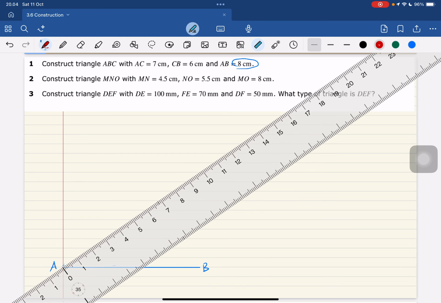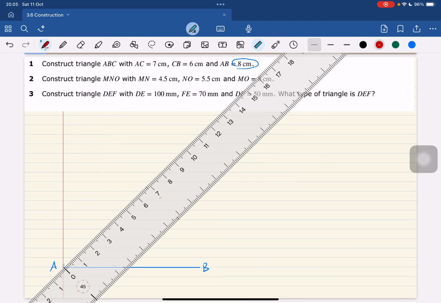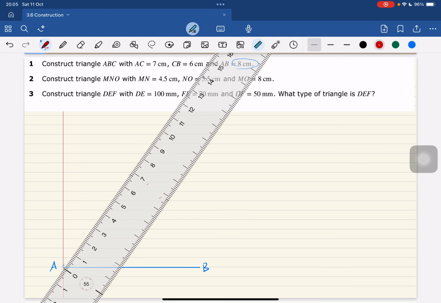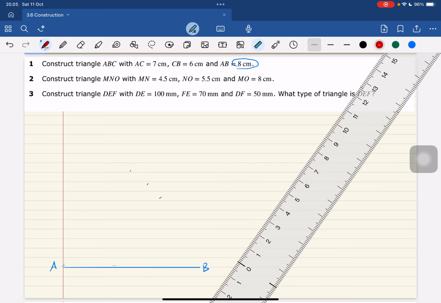So 7 can be here, can be here, it can be here. So this is the arc for 7.